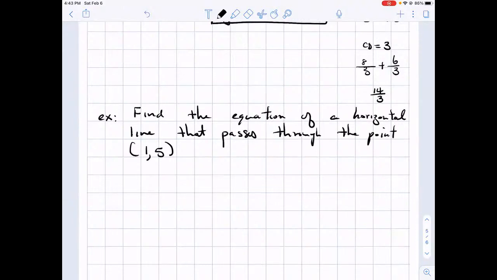So there's a shortcut for this one, but I'll do it the long way first.